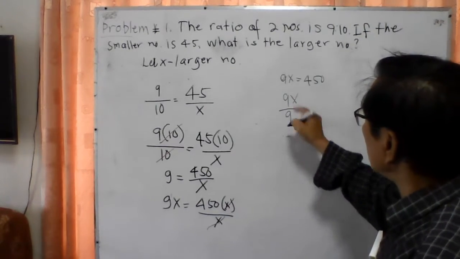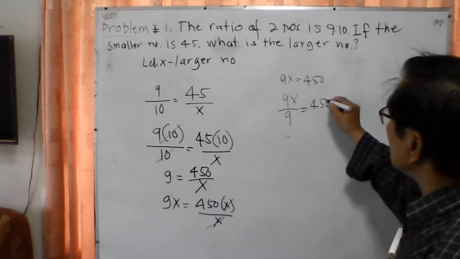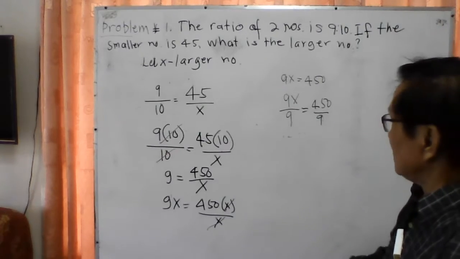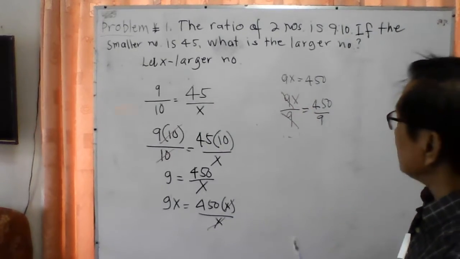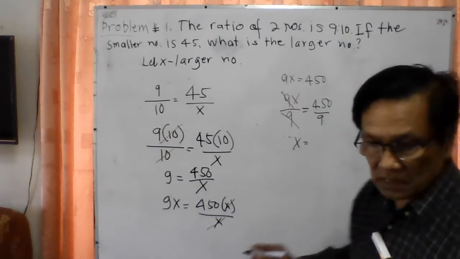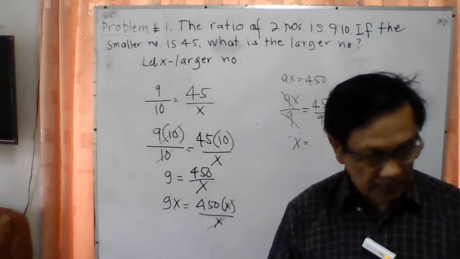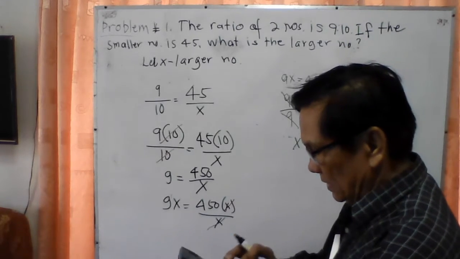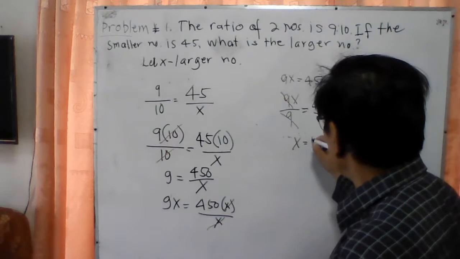You also divide this 450 divided by 9. So 9 cancels out. Therefore, you have x equals 450 over 9. Where is my calculator? 450 divided by 9 is 50. So that is your answer.